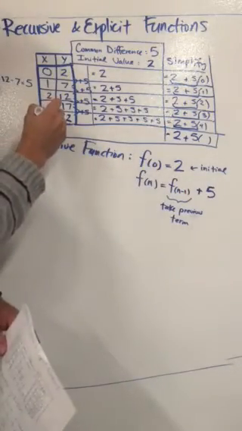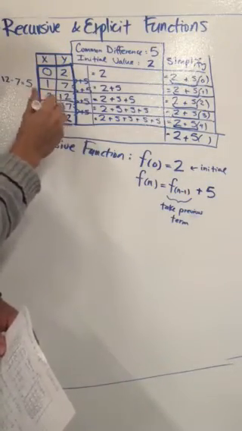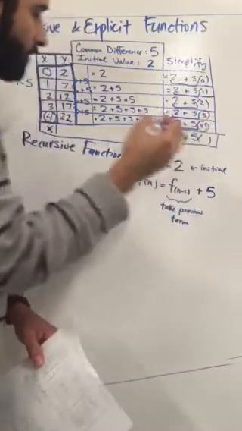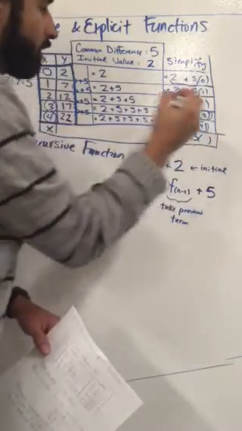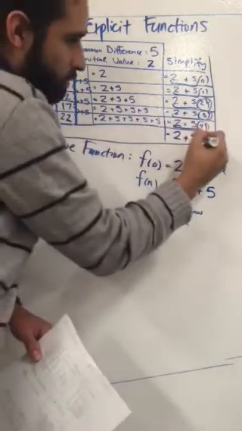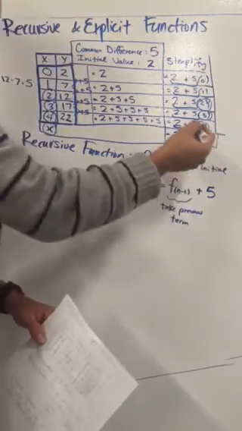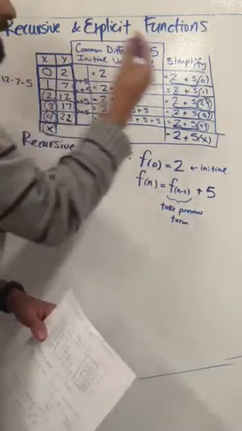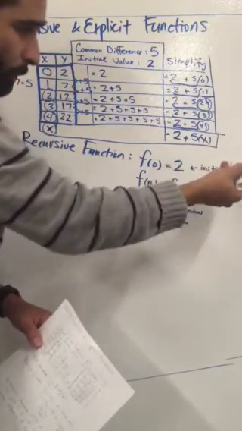On the fourth term, it was 4 5s. On the third term, it was 3 5s. On the second term, it was 2 5s. So on the xth term, it must be x number of 5s. Whatever x value you have, that's how many 5s you're adding up.